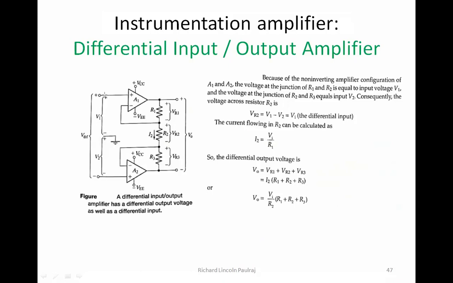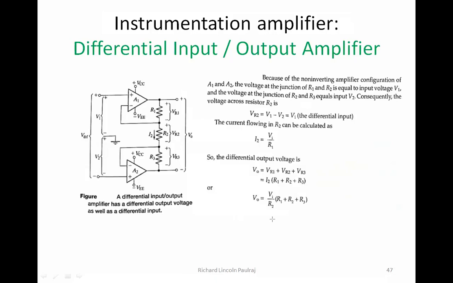Why? Because one terminal is connected to plus, and the other is with reference to ground. And here also, if I'm connecting to ground, we are going to have the same potential replicating which is at the input side, isn't it? So that is what we have to understand.